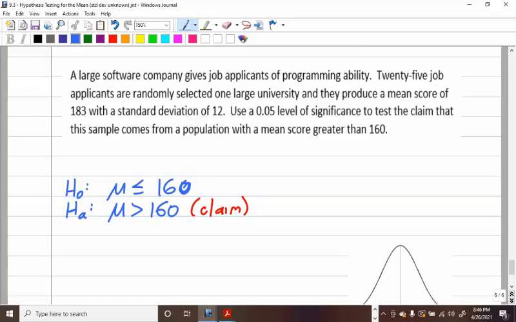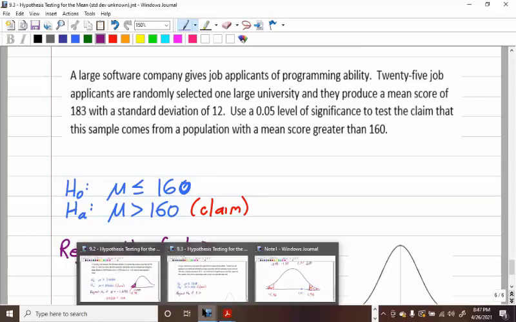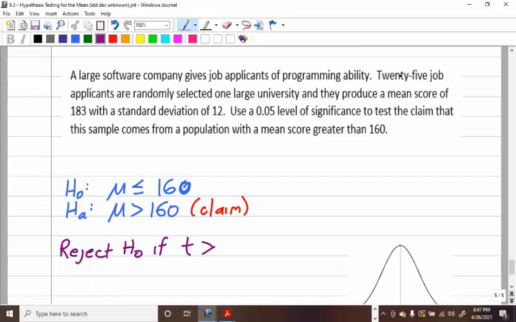And let me write the decision rule. I can pretty much go this far right here. T greater than, I know it's going to be a positive number. So what is my n? 25. So it's 24 degrees of freedom, 0.05, one tail.